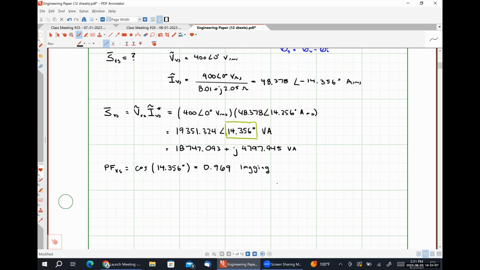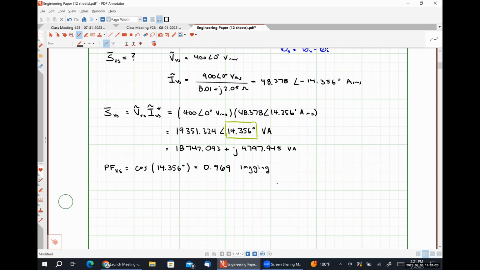This system is operating at a power factor of about 0.969. So this seems high, but may actually be too low for your utility.